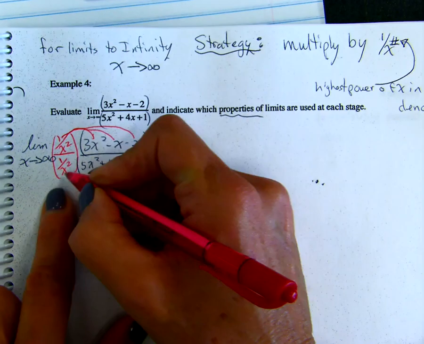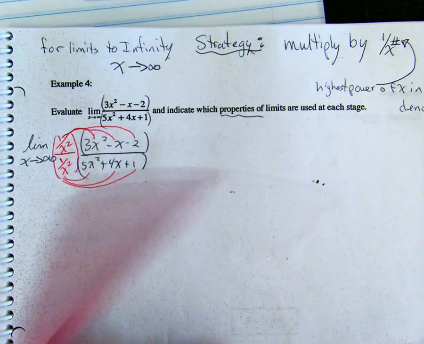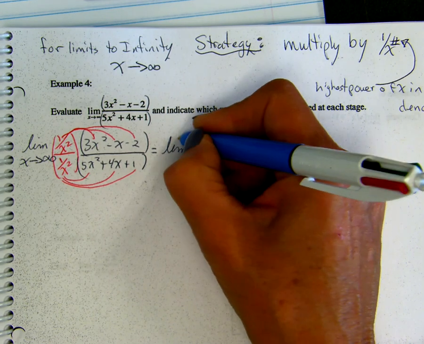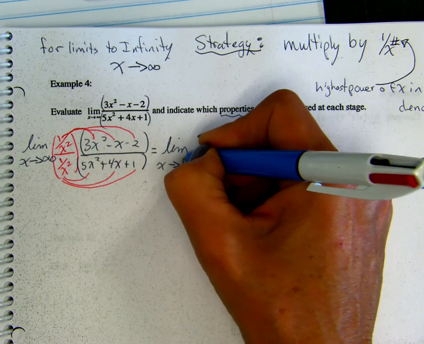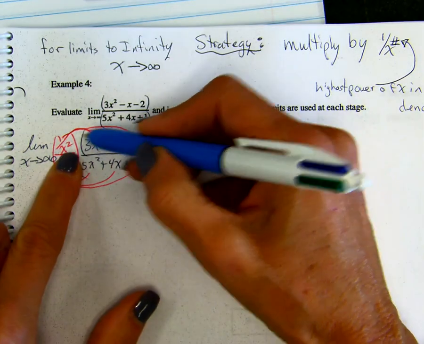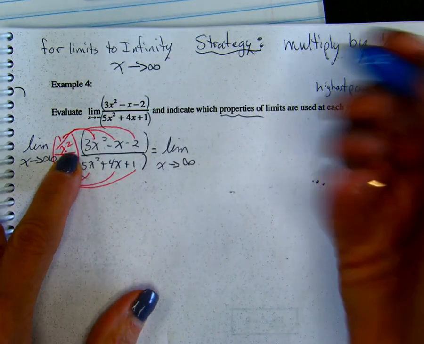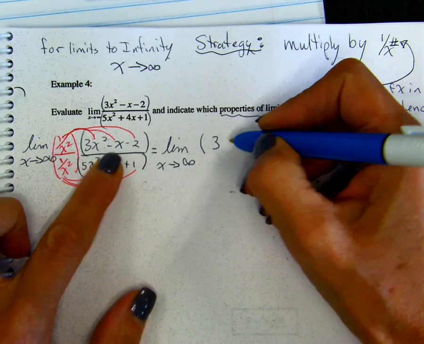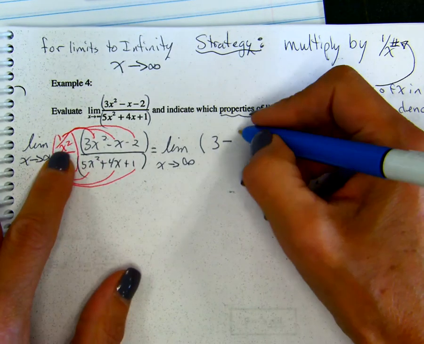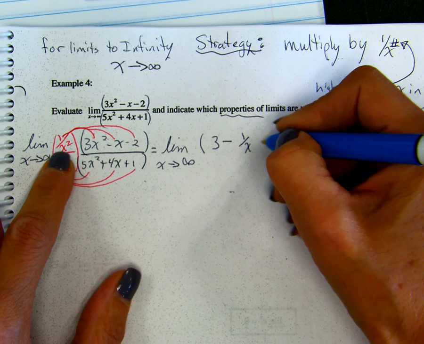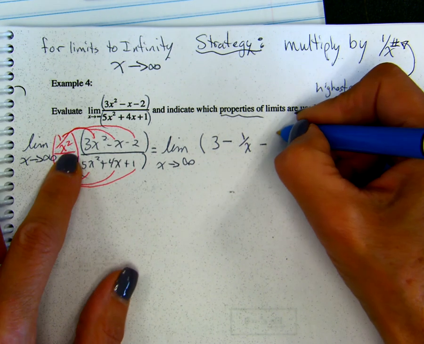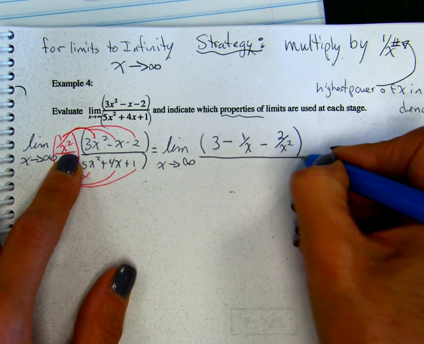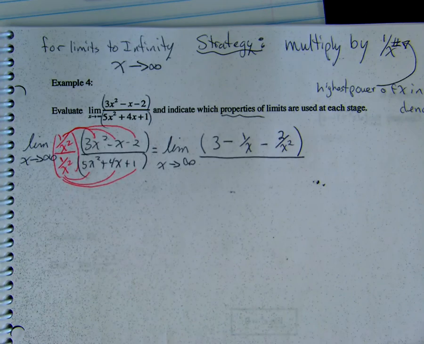If I multiply each and every term in the numerator, each and every term in the denominator, this will turn into the limit as x approaches infinity of, so I've got 3x squared times 1 over x squared. That's just going to give me 3. Minus x over x squared is going to give me 1 over x. Subtract 2 times 1 over x squared, which will give me 2 over x squared.